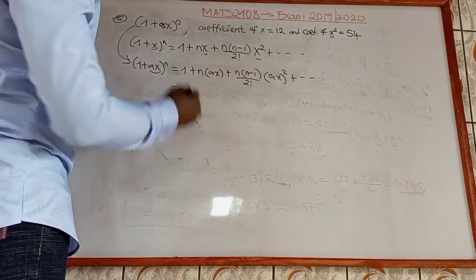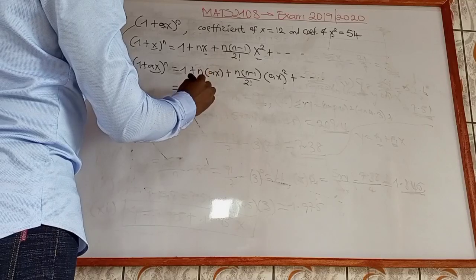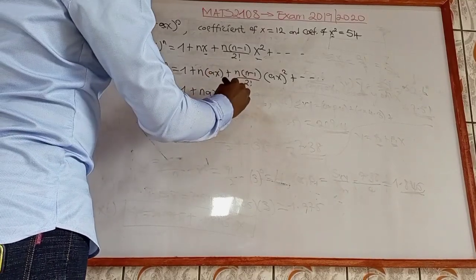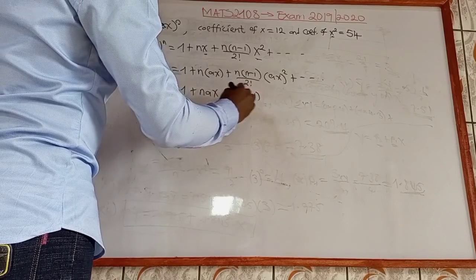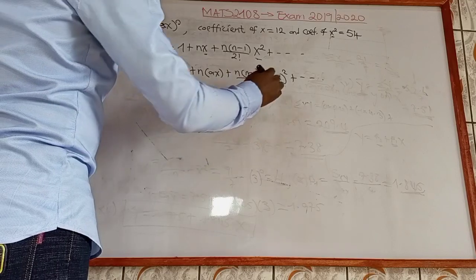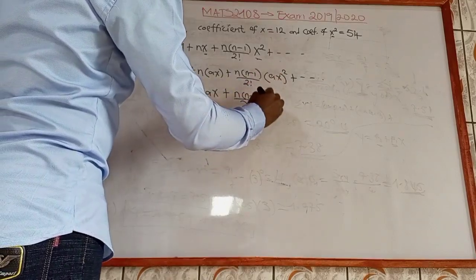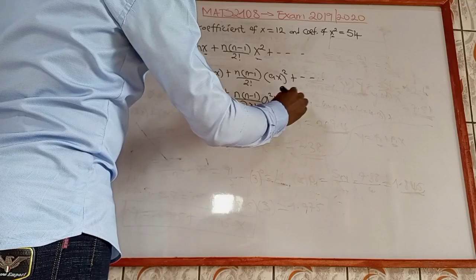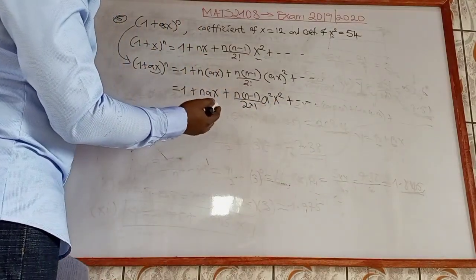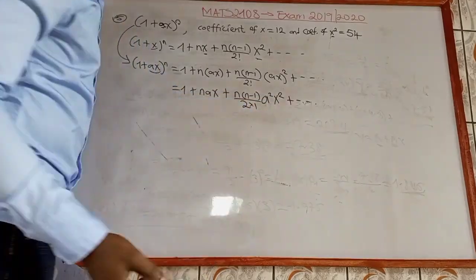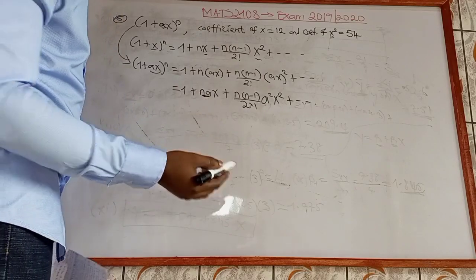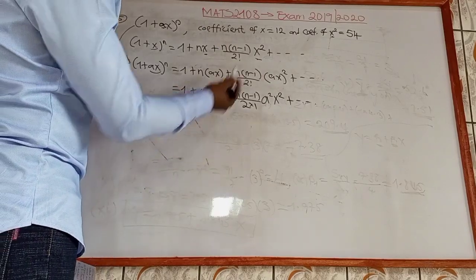If we simplify this, it gives us 1 plus nax plus n into n minus 1 on 2, because 2 factorial is 2 times 1, then a squared x squared, and so on. This gives us the expansion as far as the term x squared is concerned. But the question said we should find the values of n and a. They gave us that the coefficient of x is 12.